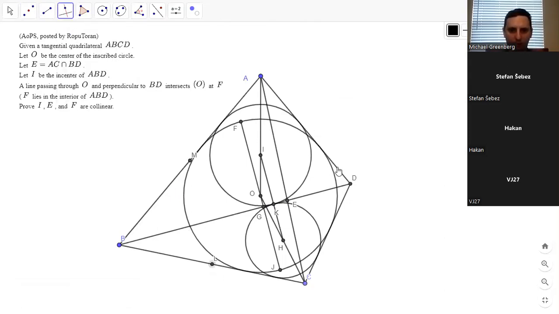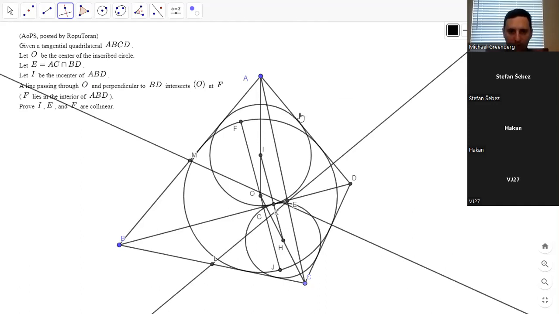So for example, if I take this altitude and I take this altitude, and if you do it for all four of the sides, it concurs. But I thought it concurred at a point on OE, but it doesn't look like it from this picture.